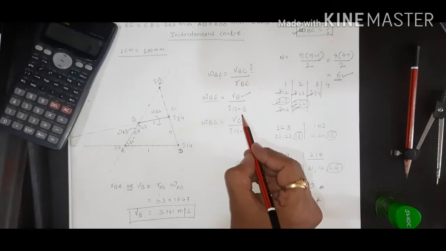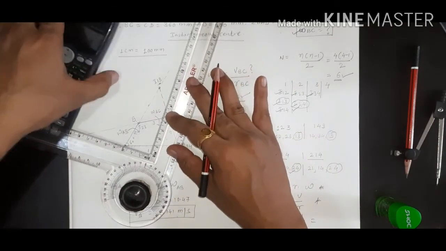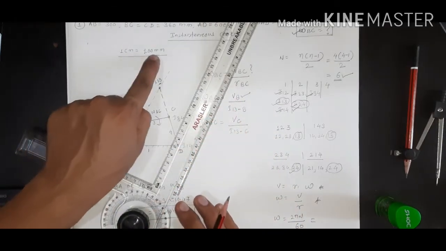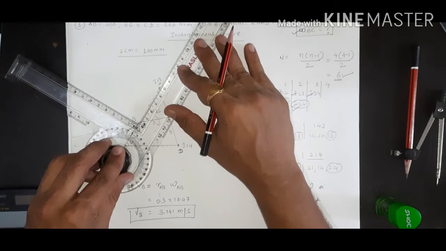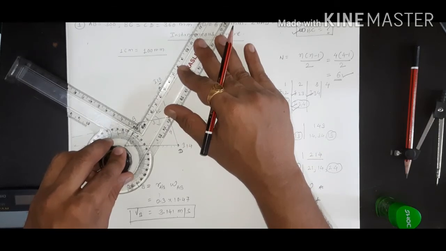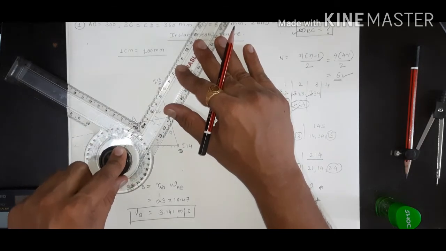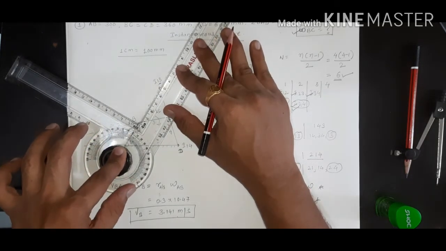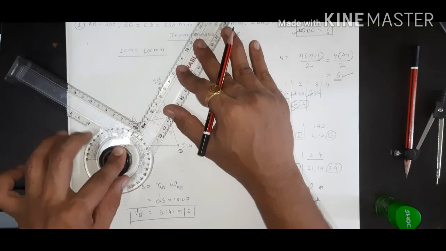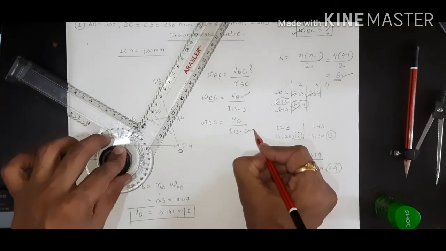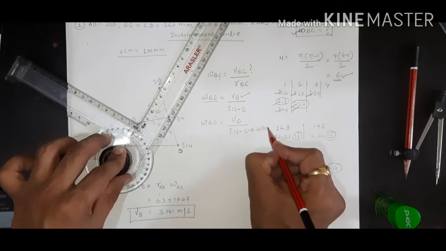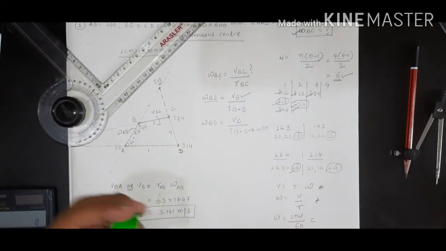Now we know VB, so we can calculate omega BC. We know I13B; you can simply measure it and convert it using the scale, because we have taken the scale 1 centimeter equal to 100 mm. So the distance is 470 mm, this one.